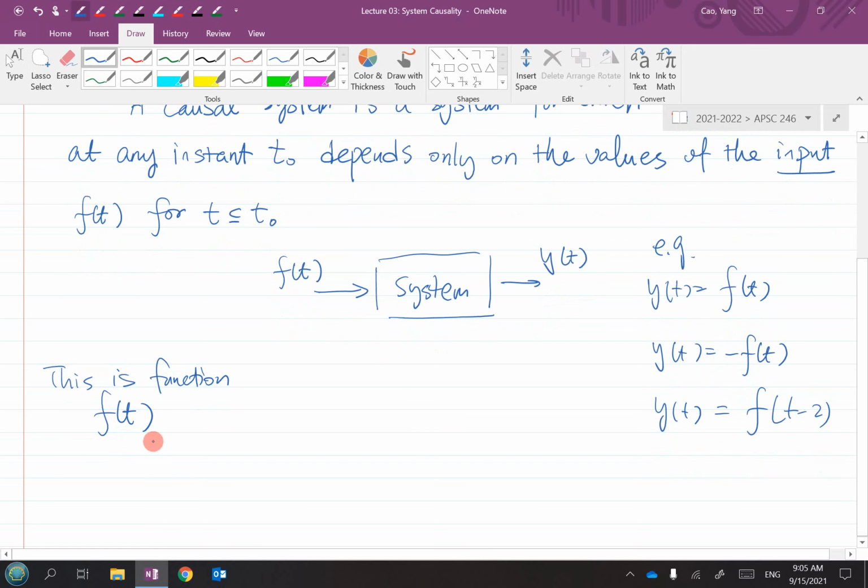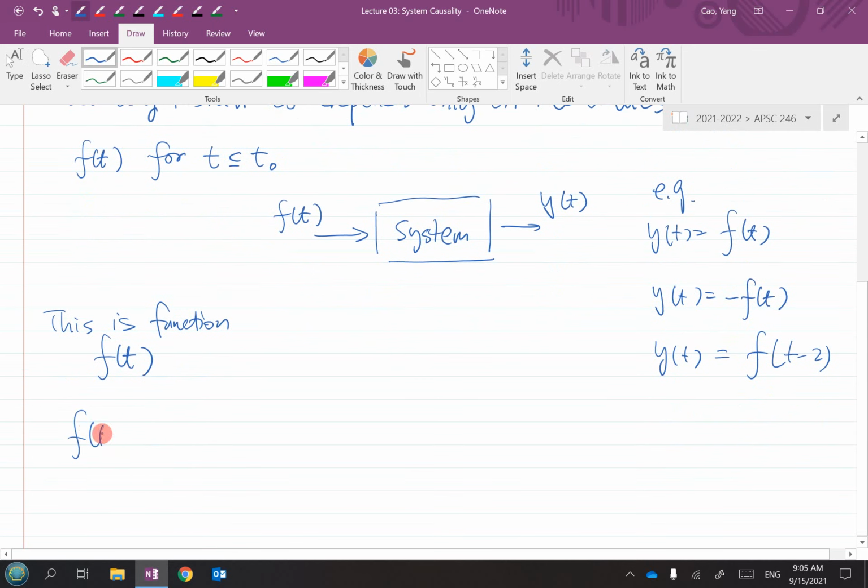So what does f of t naught mean? You replace the t with t naught. The function could be anything, could be t squared or sine t or sine 2t. So a function or signal can be anything.